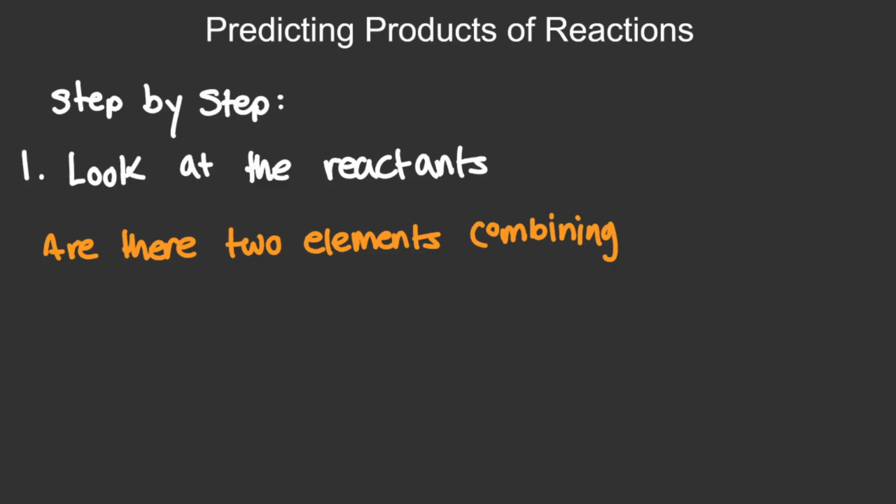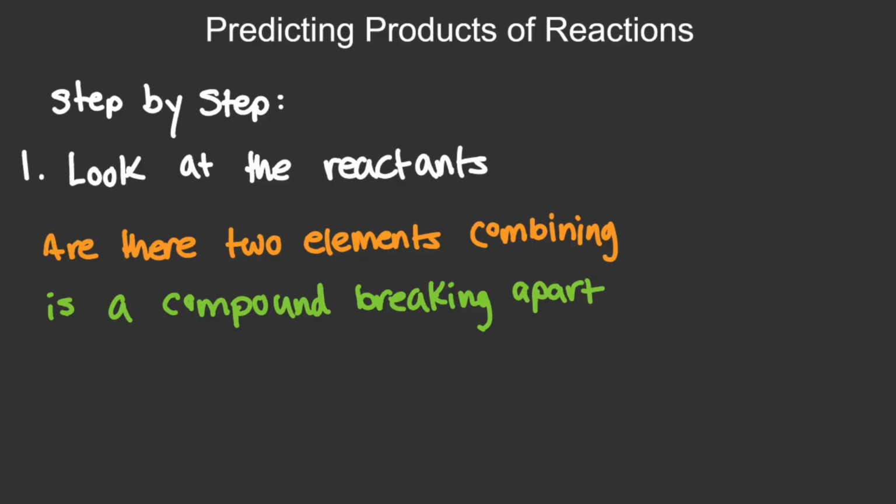But if it's not, we want to ask ourselves the second question, and that's basically, is a compound breaking apart? If a compound is breaking apart, that means it is a decomposition reaction. But let's say we're looking at a reaction and it doesn't follow any of these two rules, we're going to go on to the third one.